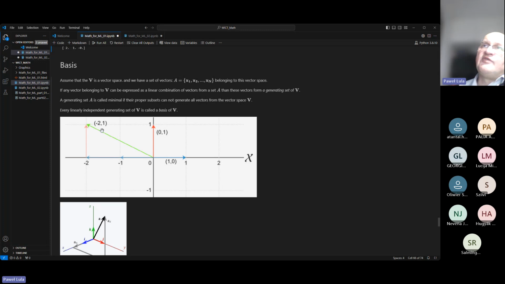I should multiply the first, this horizontal unit vector by -2, and this vector I should multiply by 1, this operation has no impact on this vector. And after that, I should perform the addition operation of these two vectors. And I will obtain this green vector. So we use this basis very, very often.